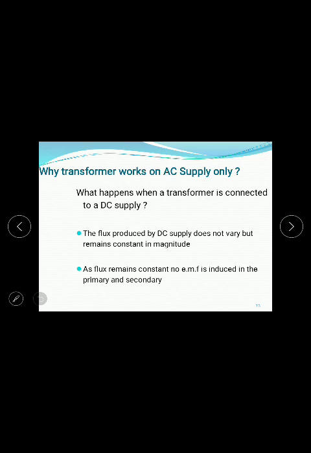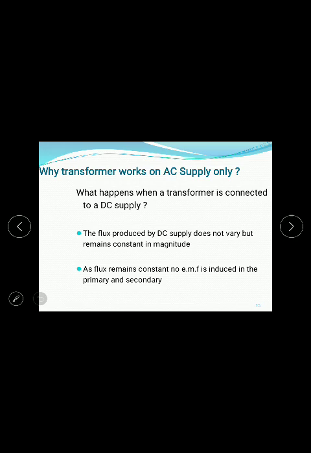For producing EMF, one of the main requirements is the rate of change of flux. When there is a rate of change of flux, EMF is induced in the conductor. Here the flux is constant, so no EMF is induced in the circuit.